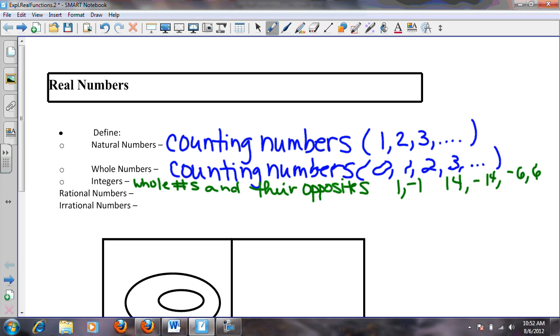Rational numbers. Rational numbers are in the middle of page 17. It's any number that you can write in fraction form, where you have A over B. B, however, cannot be 0.